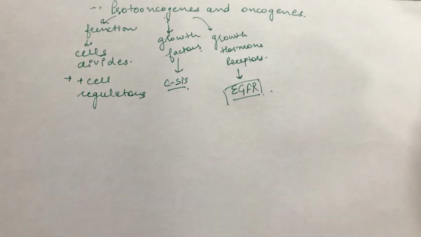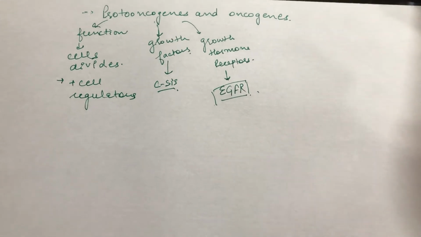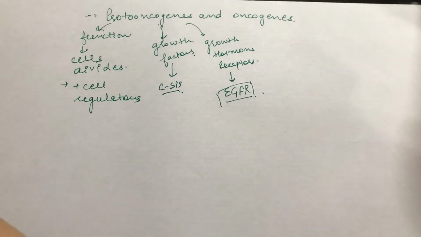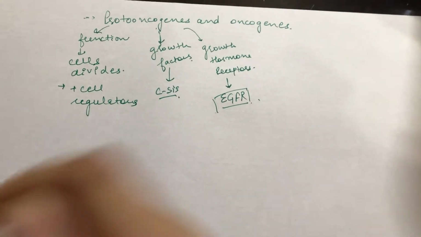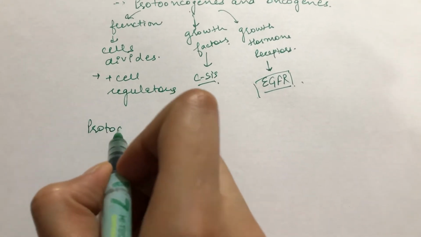These protooncogenes, when they are mutated, convert into oncogenes, and these oncogenes further produce oncoproteins, which then cause cancer. So the protooncogenes are converted into oncogenes by mutation.